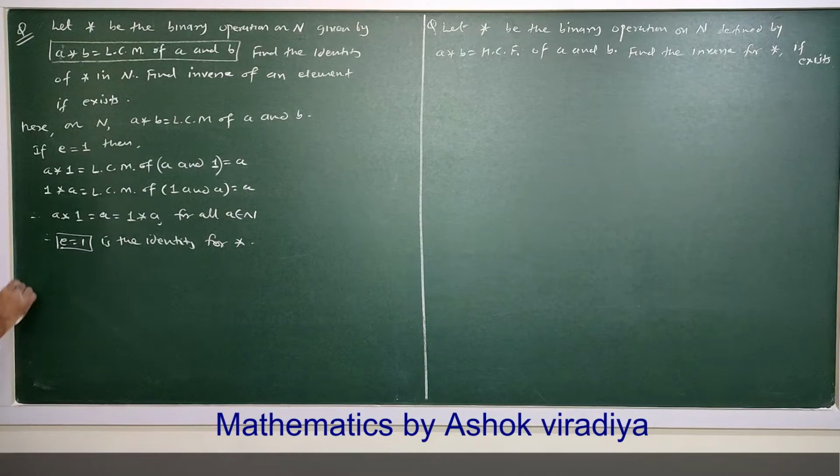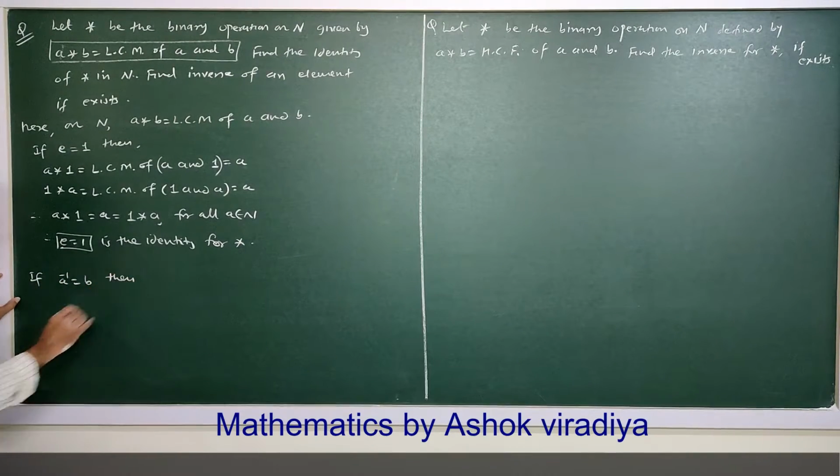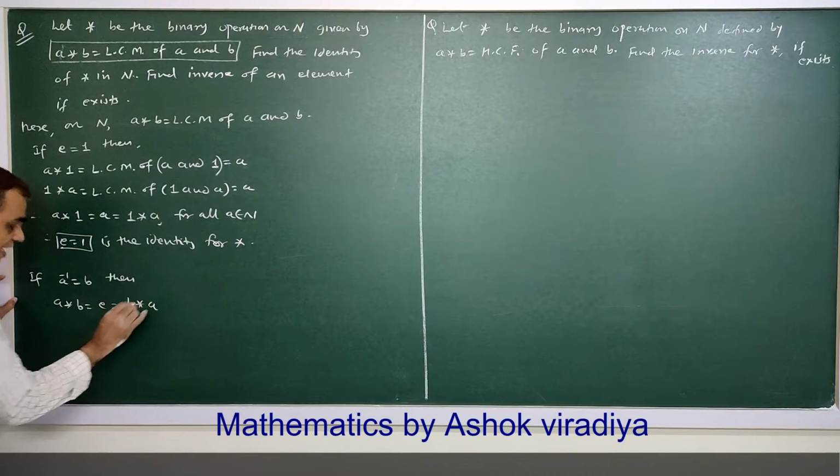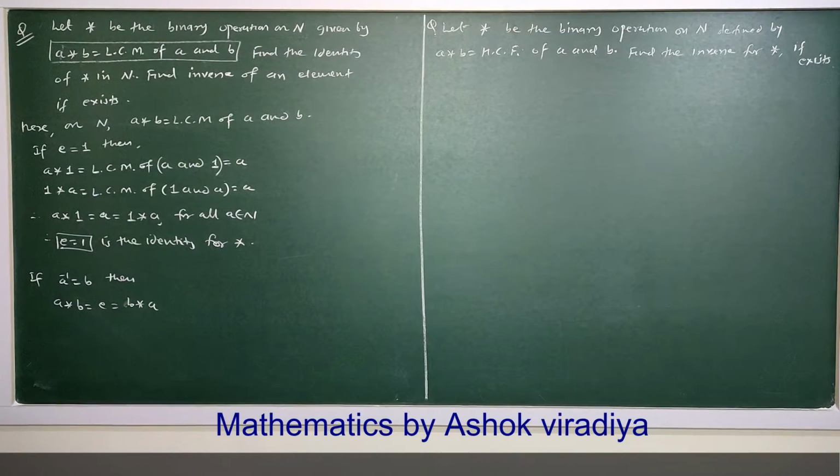Now if the inverse of A is B, then A star B is equal to E is equal to B star A. This should be satisfied. Here E is 1, so I am putting 1.